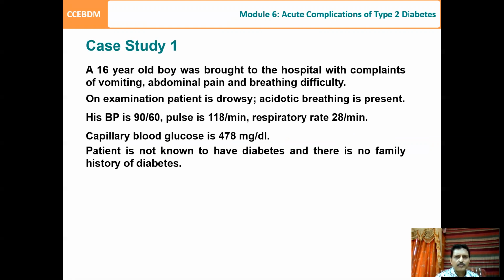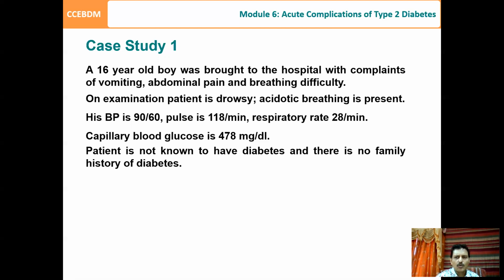On examination, the patient is drowsy, with acidotic breathing, and the blood pressure was low. Pulse was 118, respiratory rate 28 per minute, and capillary glucose is 478. The patient is not known to have diabetes, and there is no family history of diabetes.